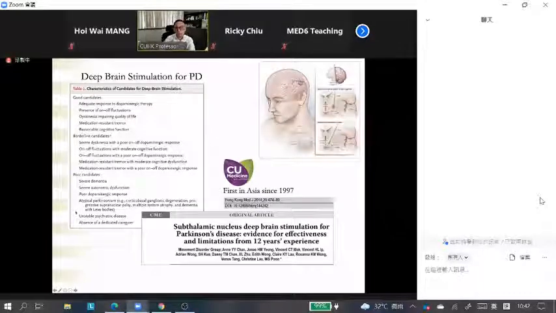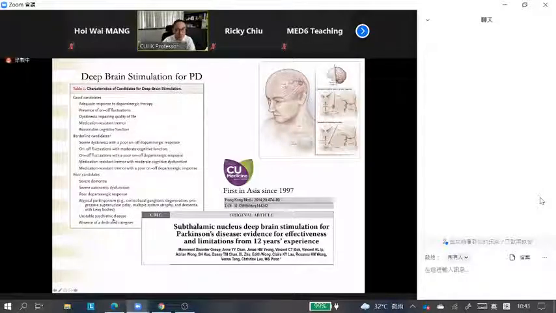What I mean by poor dopaminergic response is, for advanced PD, the dopamine agonists, levodopa, can still induce a good response, but the response lasts only briefly, okay? So if even when we give a high dose of levodopa, the patient could not develop this on response, then this is not a good candidate for DBS, okay?